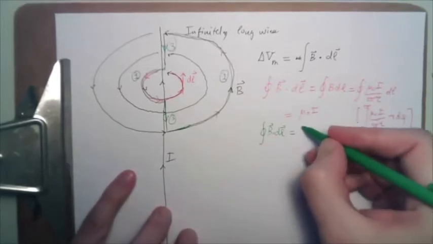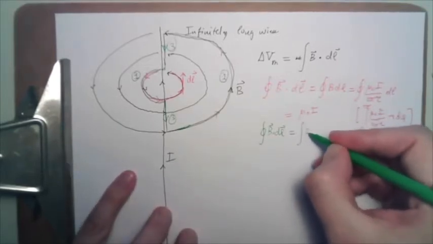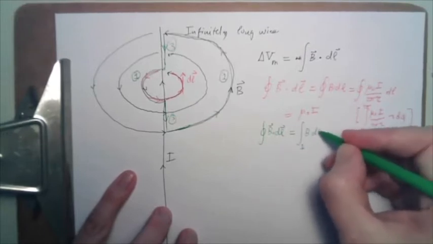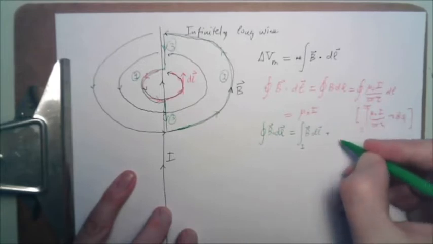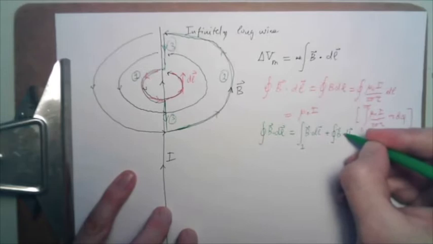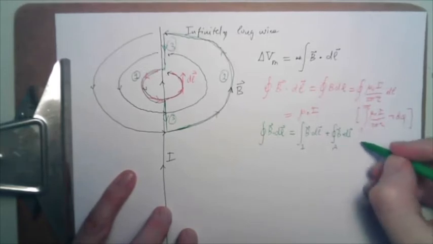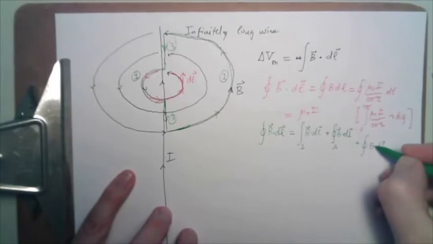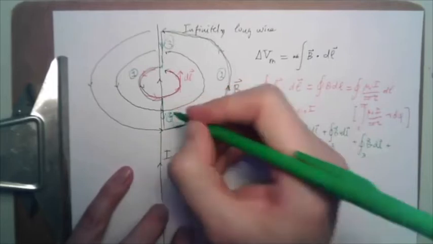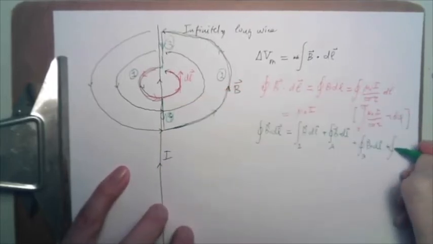We're going to split this into 4 integrals: B dot dl over number 1, plus B dot dl over number 2, plus B dot dl over number 3, plus B dot dl over number 4.